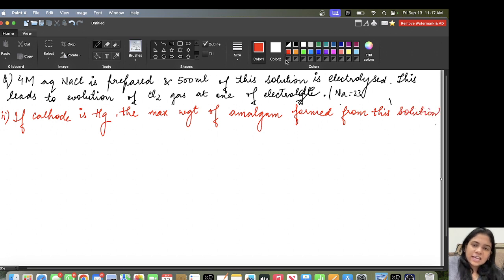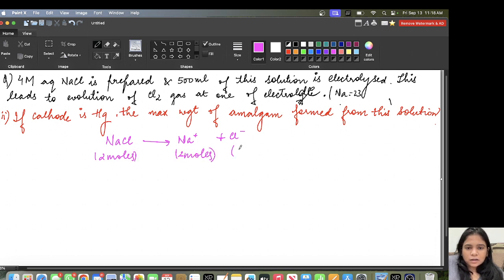You remember this was case 3 which we had done in the previous video. Now see, NaCl is getting electrolyzed into Na plus and Cl minus. We started from 2 moles, and here it was 2 moles. Now Na plus accepts an electron to give you Na. Same thing, 2 moles giving 2 Na.